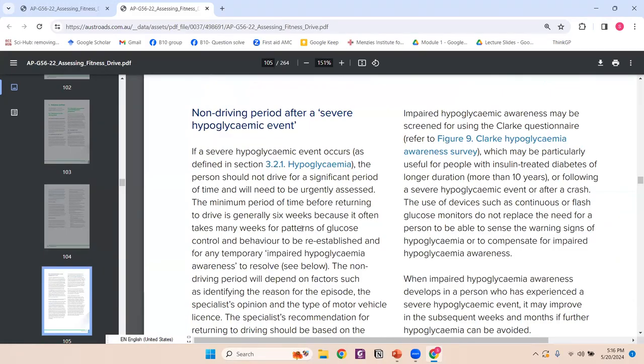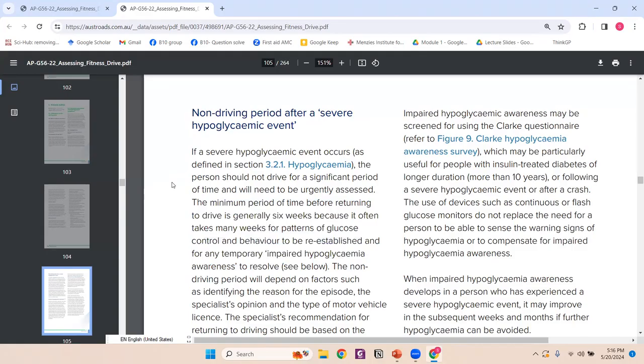So that's why it's a major hypoglycemic effect. So if a severe hypoglycemic effect occurs, the person should not drive for a significant period. The minimum period would be generally 6 weeks. Okay, why? It is because it takes that time for the pattern of glucose control and any temporarily impaired hypoglycemic awareness to resolve. So this is the recommendation.